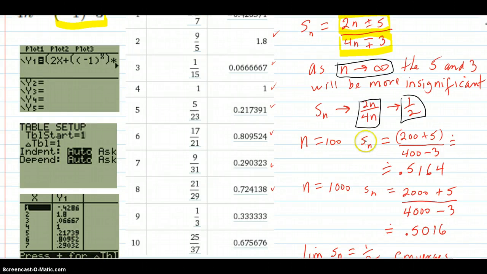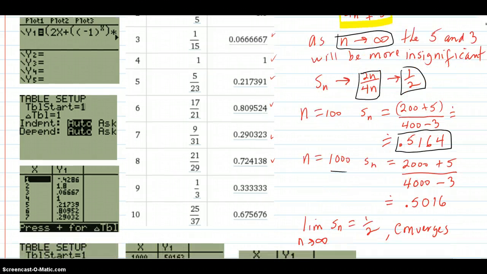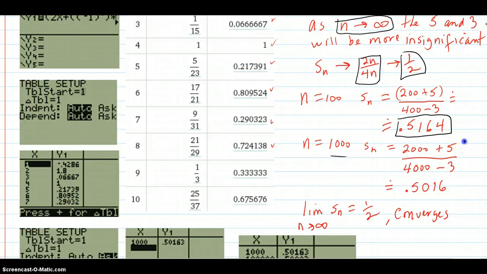N equals 100, you'll get 200 plus 5 divided by 400 minus 3, and that indeed starts to look like a half. When you pump it up to 1,000, 2,000 plus 5, 4,000 minus 3, you can see how the 5 and the 3 are more insignificant, and now you're close to 0.5. So we think that the limit is going to be 0.5, and the sequence is going to converge.